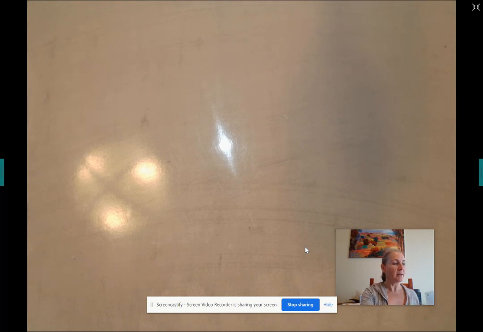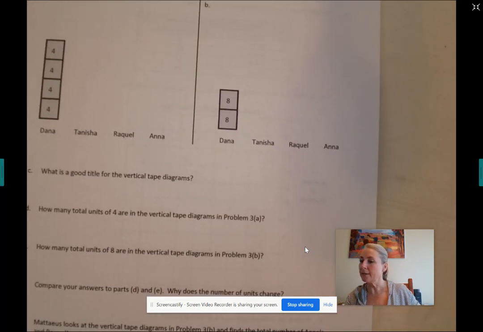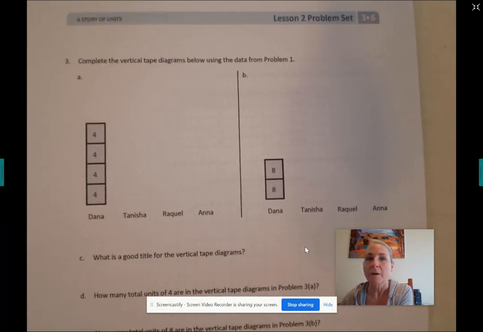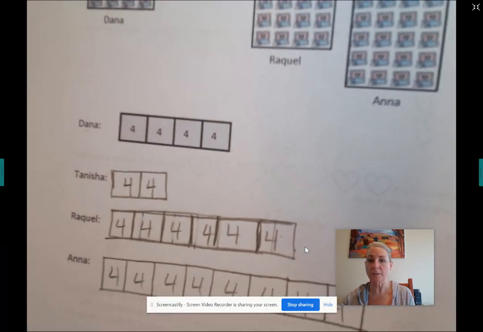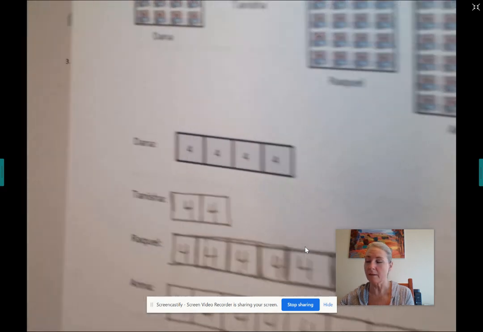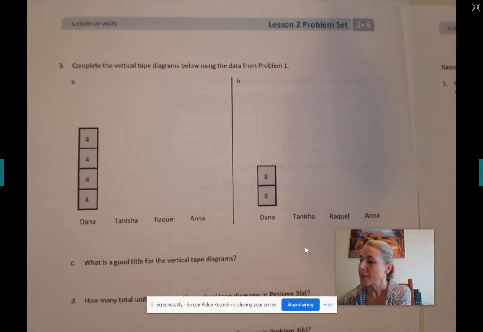On the next page, let's take a look. We have: complete the vertical tape diagrams below using the data from problem number 1. So they're just asking you to redraw the tape diagrams that we just completed here, but in their vertical positioning.